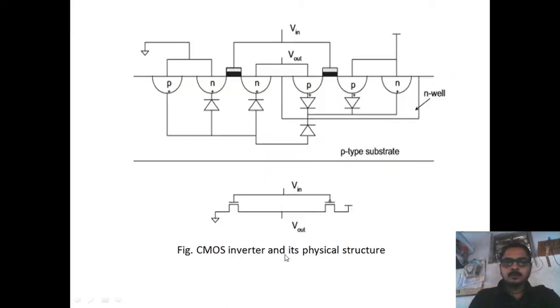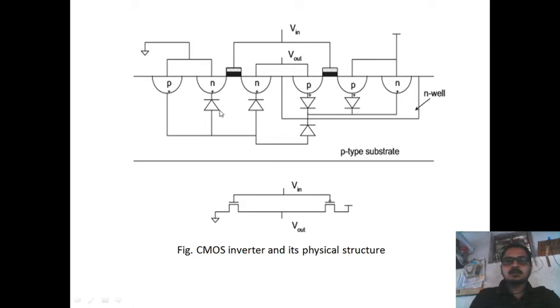In this figure you can clearly see the parasitic diodes. This one is a parasitic diode, the N diffusion with the substrate. Here is another one, then a parasitic diode with the N well, and the P diffusion with the N substrate.